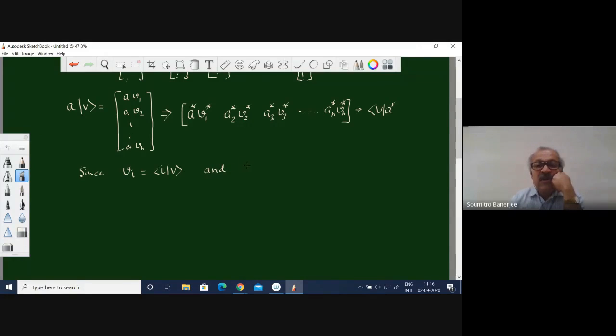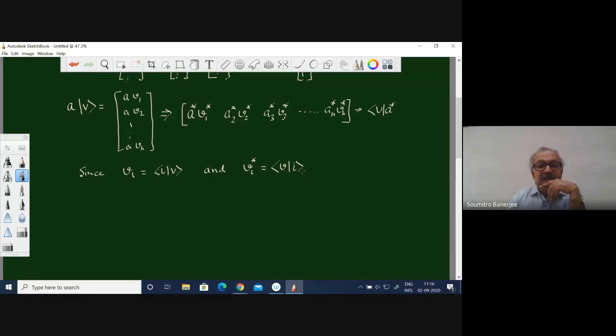And your Vi star, the conjugation of that, can be obtained by just reversing the positions. We have already learned that.